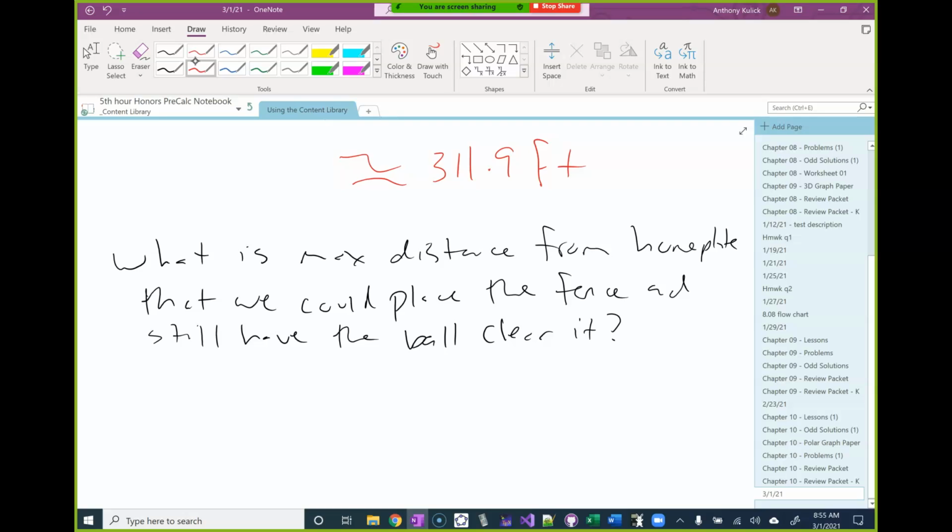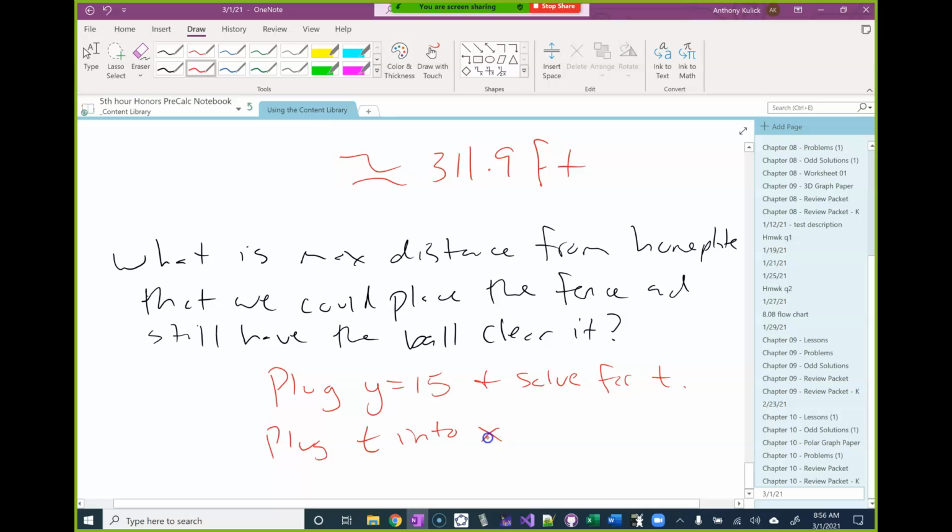How would we figure that out? What does the height of the ball need to be to clear the fence? 15 feet, right? So we're going to plug 15 in for y and solve for t, and then plug that t into x. Basically, this exact same idea as the previous problem, right? You guys cool with that?